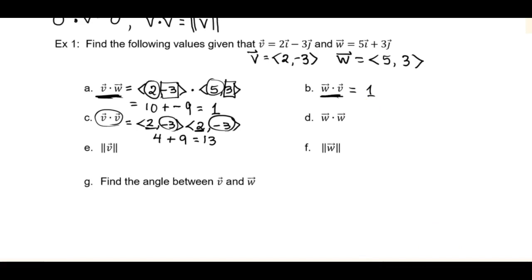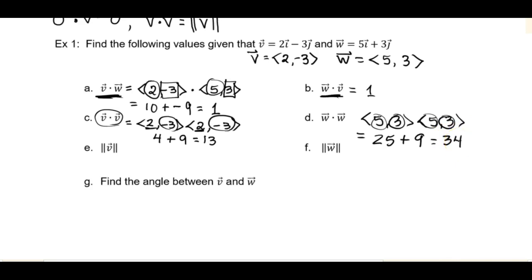Now let's multiply vector w times vector w. So we're going to have 5, 3 times 5, 3. When we do that, we're going to multiply my 5's together, add the multiplication of my 3's together, and we're going to find that to be 34.